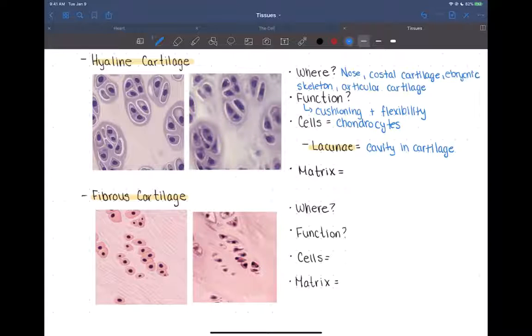That matrix is going to be a little different than what we've seen so far with our other connective tissues because it's harder in consistency. It includes chondroitin sulfate, and these may be familiar to some of you, glucosamine.